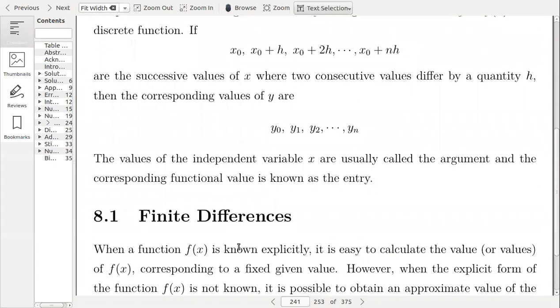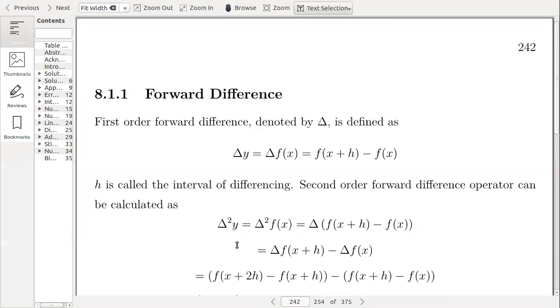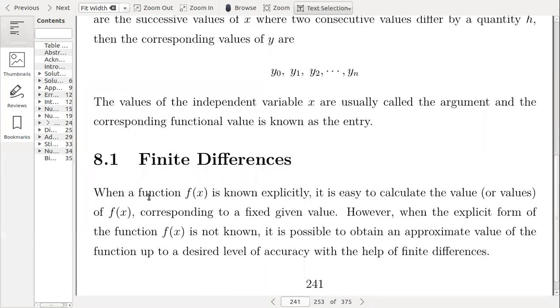Finite differences. So what are finite differences? When a function f of x, which can be written as y is equal to f of x, is known explicitly, it is easy to calculate the value of f of x corresponding to a given fixed value.